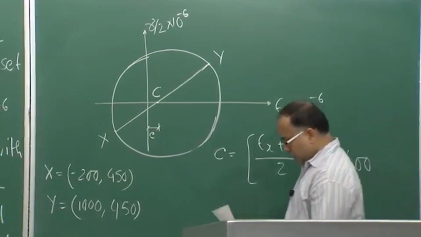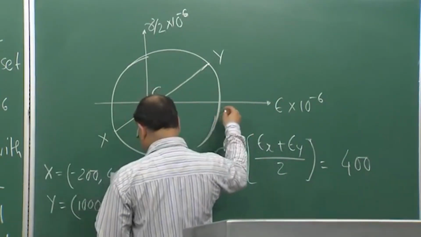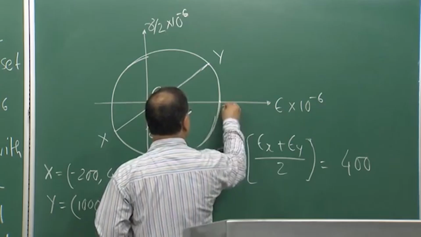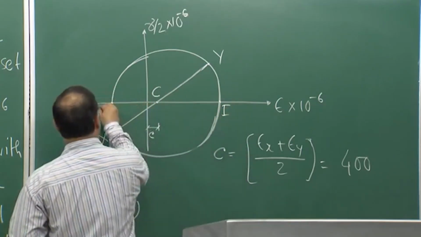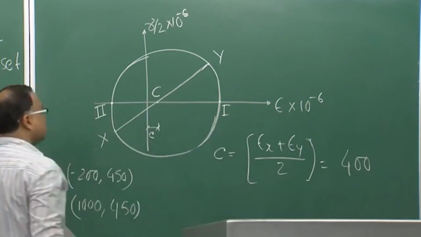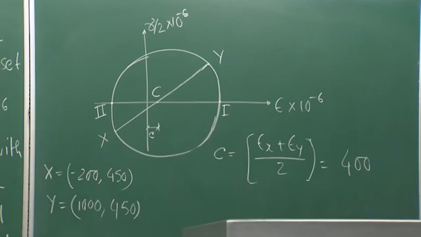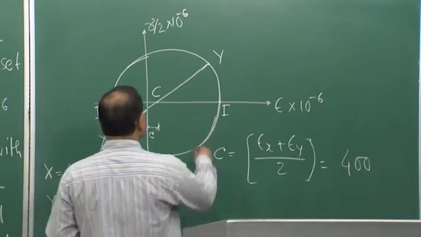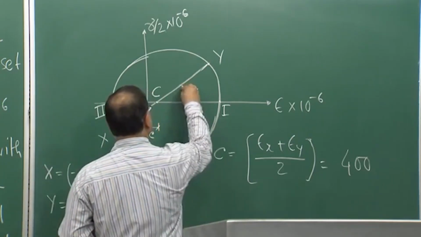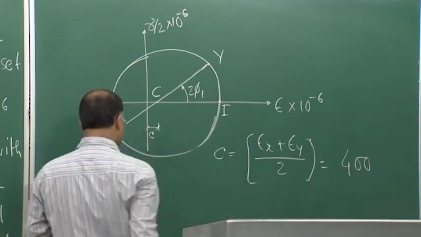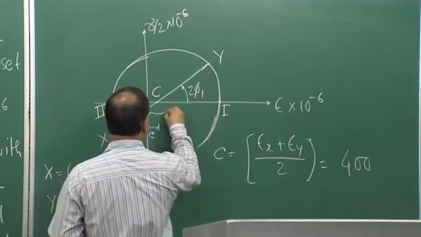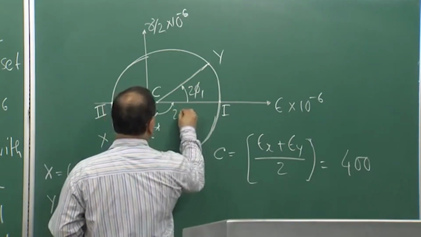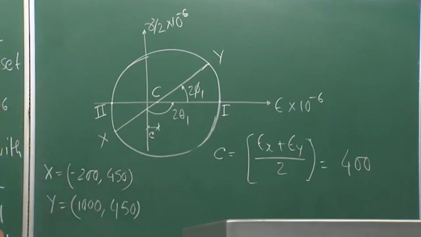So, now if I say this is your point 1, this is your point 2, they are representing the major principal strain and minor principal strain, and we are considering this angle is say twice of phi 1, and this angle say twice of theta 1. So, now our job is to find out the magnitude of twice phi 1 and twice theta 1.